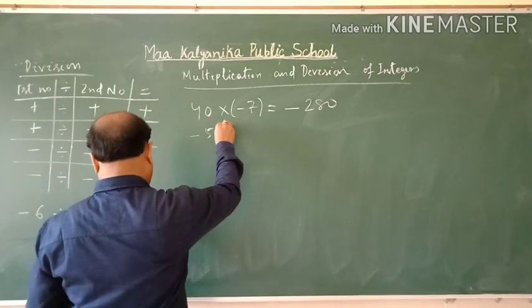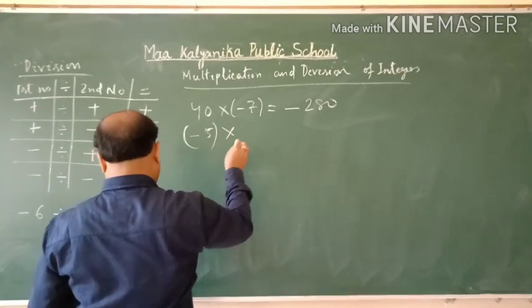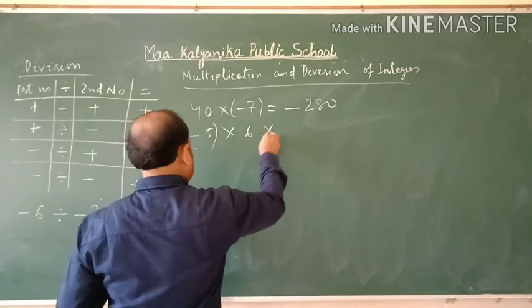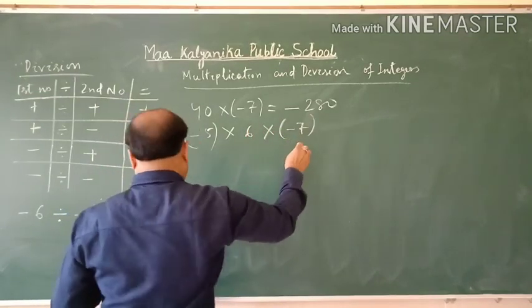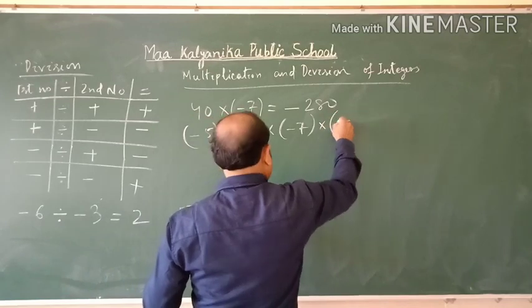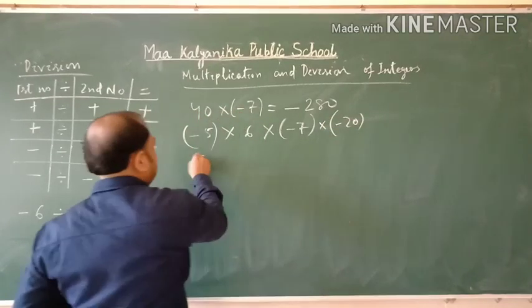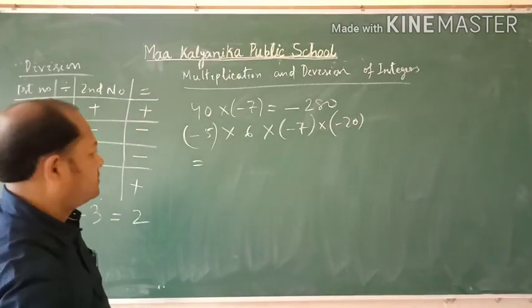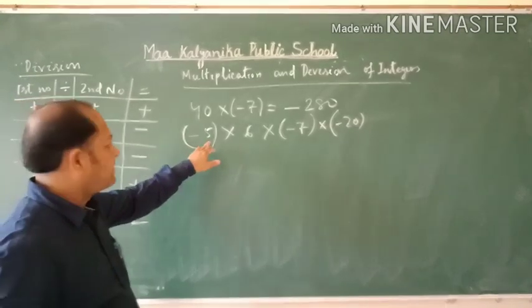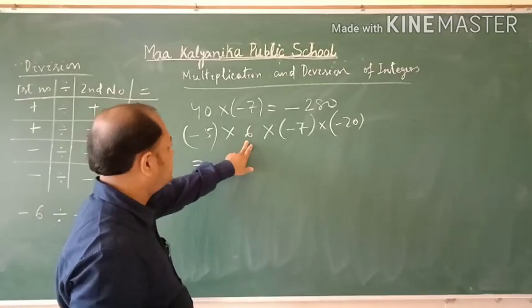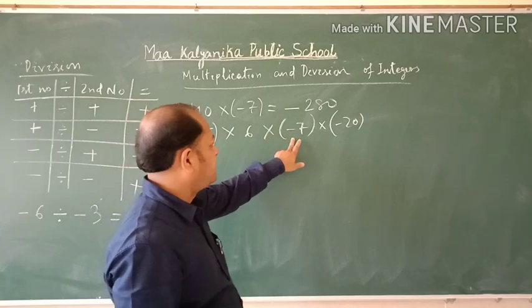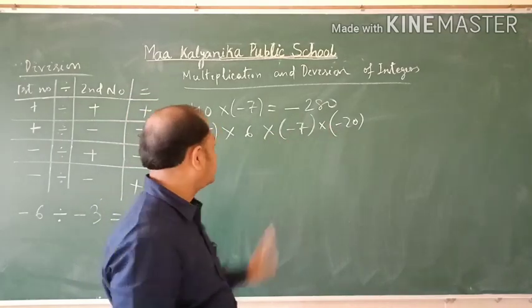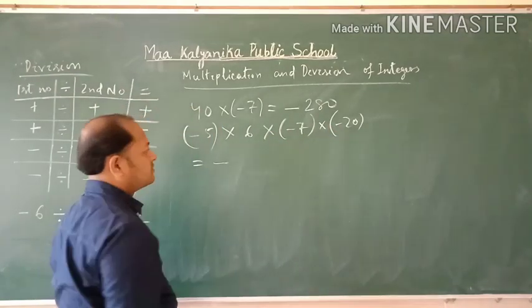Now one more example. Minus 5 into 6 into minus 7 into minus 20. So what is the answer? We see that minus 5 and 6 will be minus, then minus into minus will be plus, plus into minus will be minus. So finally the answer will be minus.